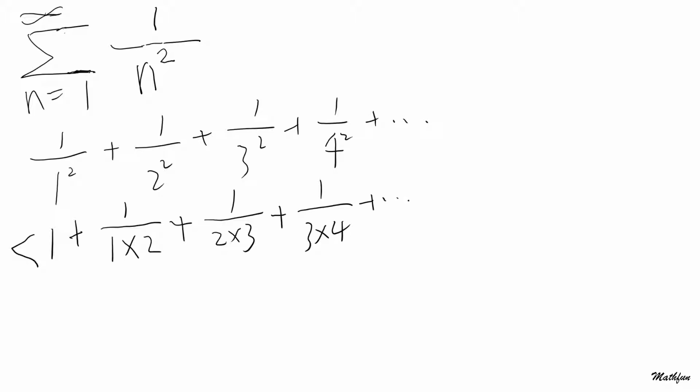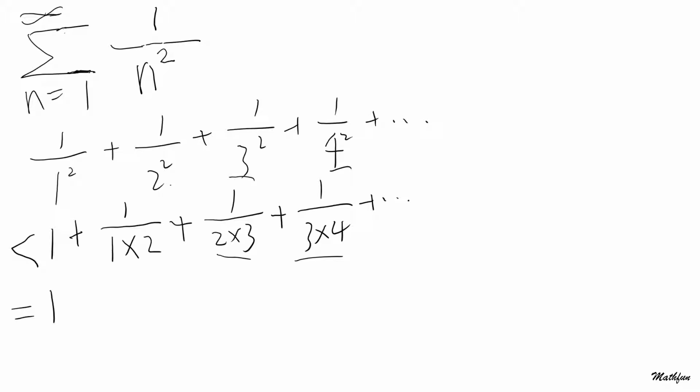Now as you can see, the number on top is always smaller than this one, this number smaller than that one, smaller than that one, continuously. So that's why it's always a smaller sign. And this one equals what?